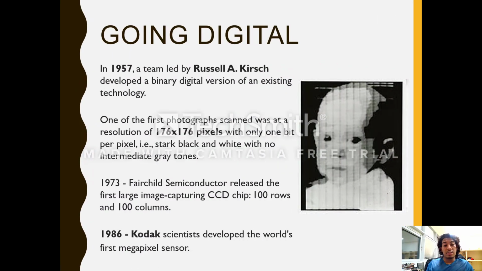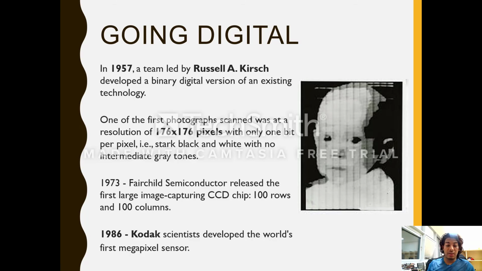And soon we were really near to digitalizing our photography, and it was led by Mr. Russell. You can see this picture was the first picture where a photograph was digitalized, and it was 176 by 176 pixels in resolution.